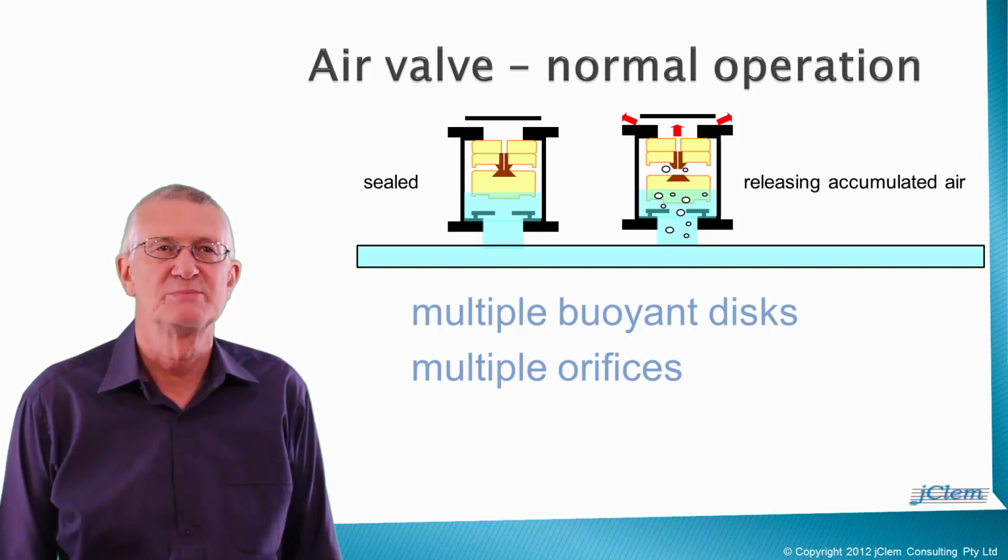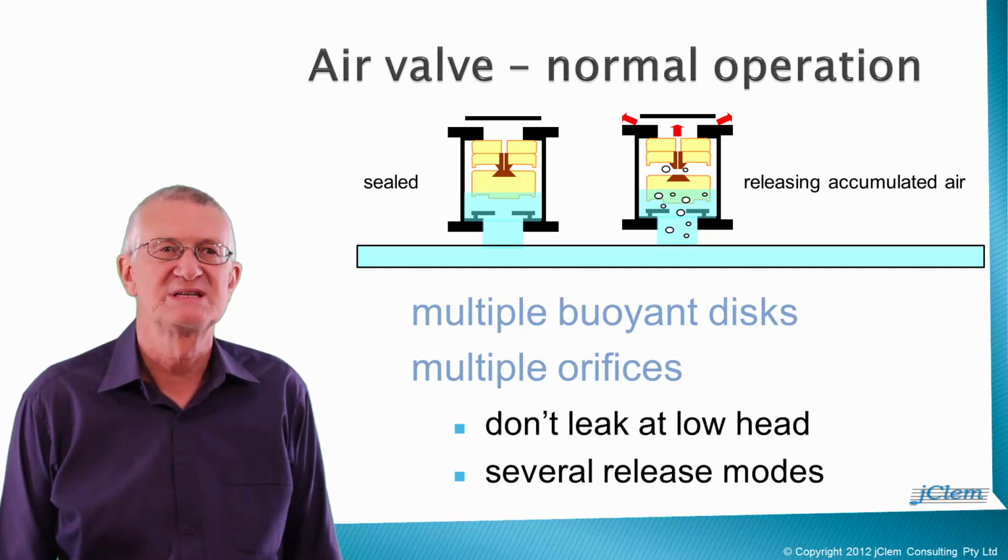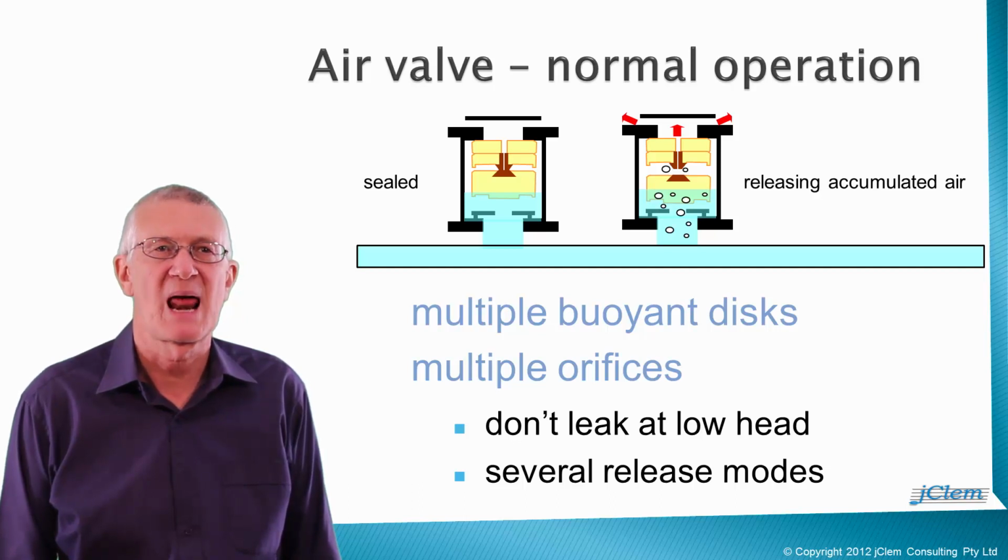This allows the bottom disc to drop slightly, exposing a very small orifice and seat in the second disc. Accumulated air escapes through the exit passage available through the second and top discs. This multiple disc design performs very well at low operating heads without leaking.